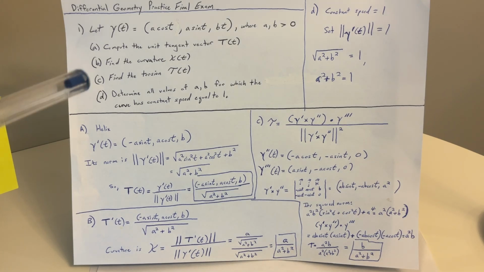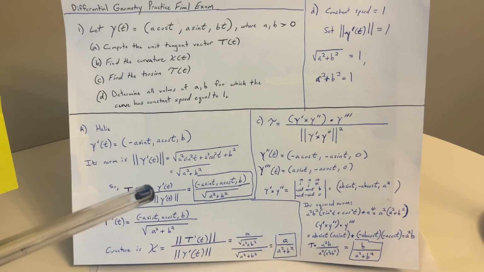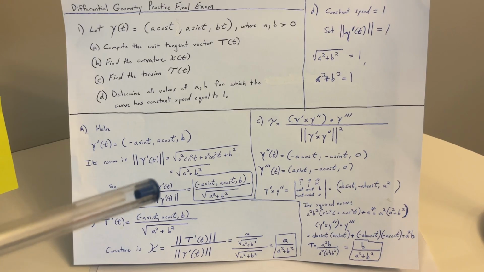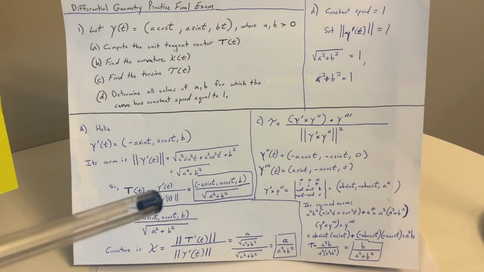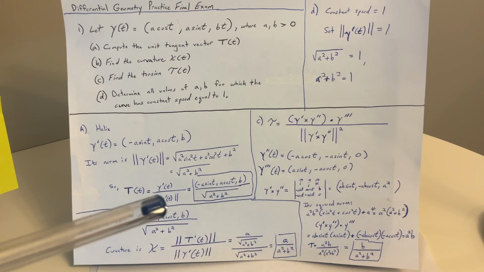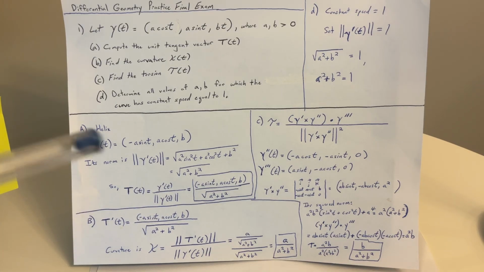So now the unit tangent vector is gamma prime of t over the norm of gamma prime of t. That comes out to negative a sine t, a cosine t, b over the square root of a squared plus b squared.